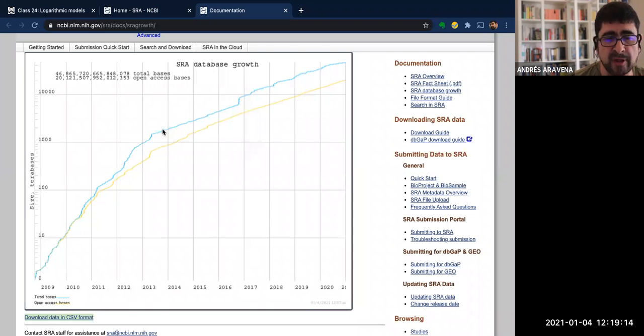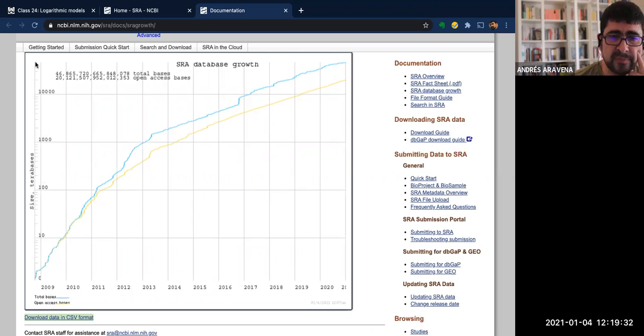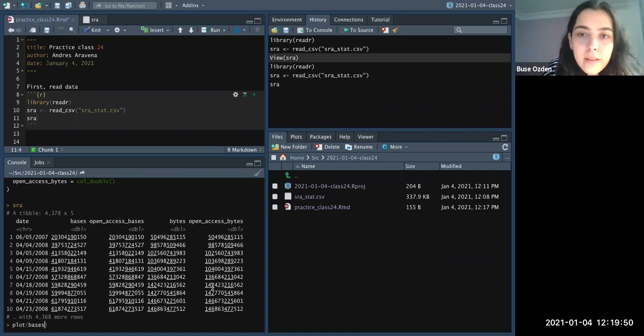But let's say the blue line, for example, that is easy to see. It says total bases. And the horizontal axis has the year. And the vertical axis has the total bases. So what do we plot here? Date versus open access bases.